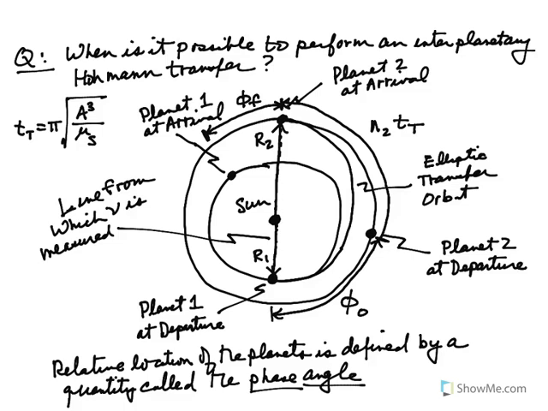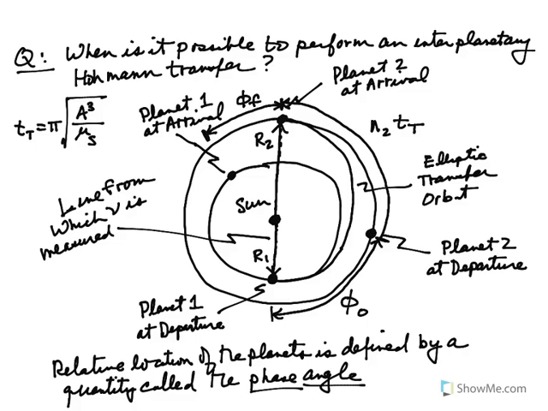As long as the planets are in that relative alignment at the start of the transfer, we will arrive at the right location, and the final phase angle between the planets will be given by this value, phi sub f.